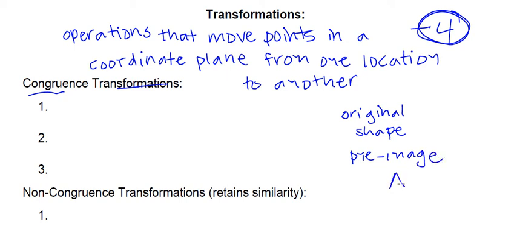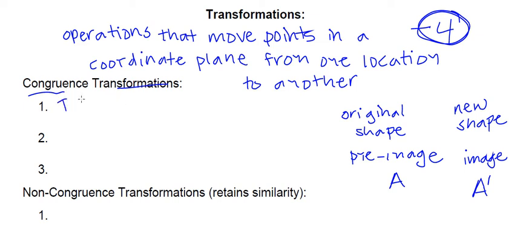So I could have point A, and the new shape is called the image. I would indicate that it was the image by putting a prime sign by the symbol. So congruence transformations are the 3 transformations that retain the size and the shape.